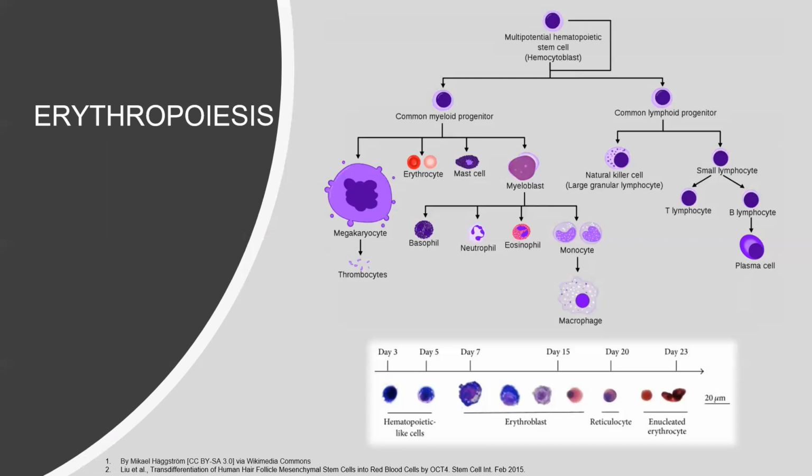And in some types of anemias, it is important to see the reticulocyte count. Finally, reticulocytes in several days lose their remaining organelles, and they mature into erythrocytes, right, as you can see here. And erythrocytes are fully mature red blood cells, and they can normally survive for around 120 days, as I told you before.